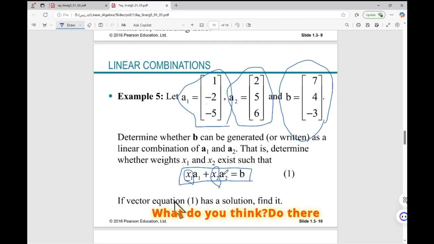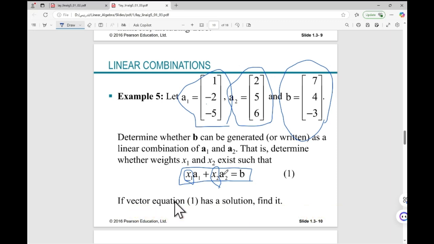So b equals x1 a1 plus x2 a2, and b becomes a linear combination of a1 and a2.